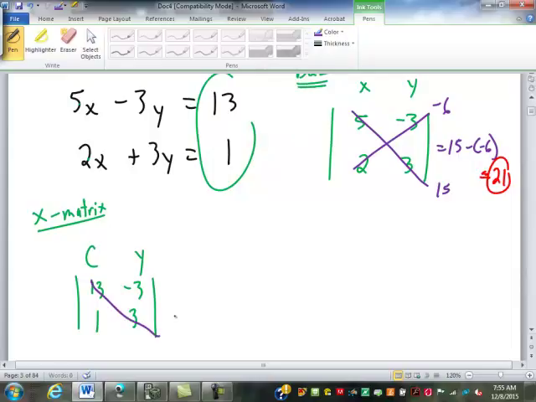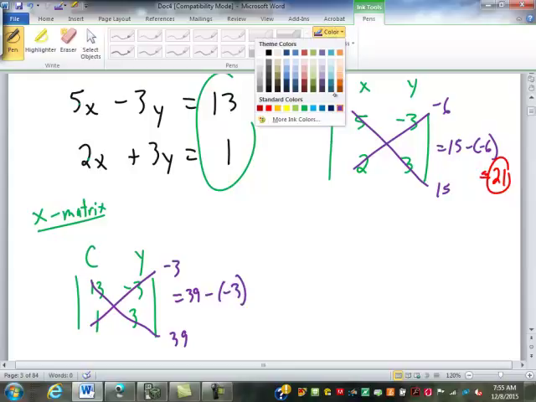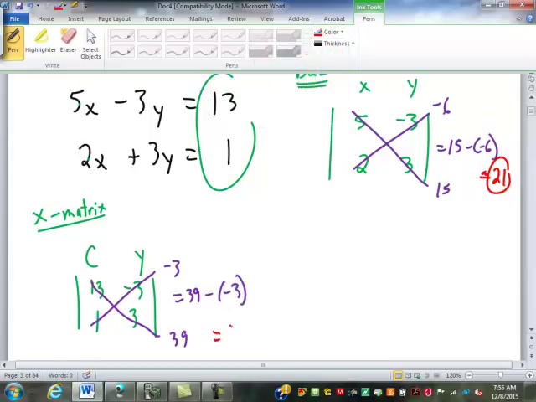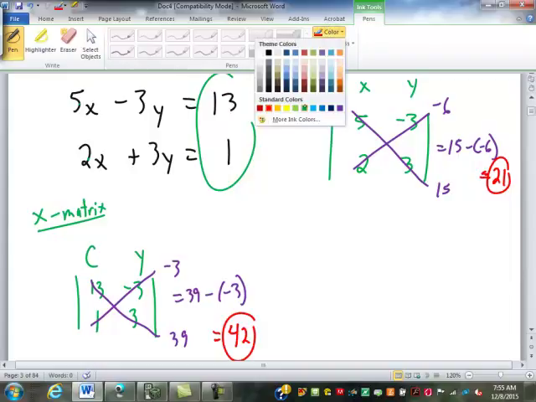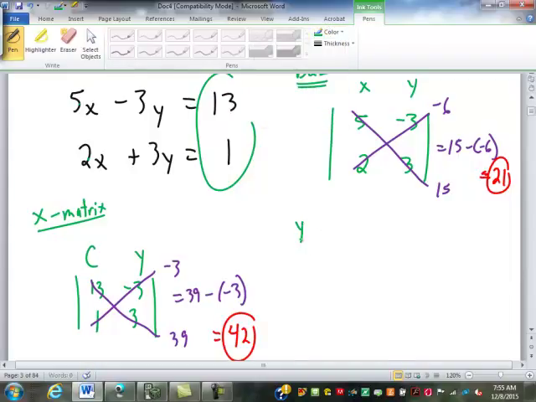So 13 times 3 is 39. 1 times negative 3, negative 3. 39 minus a negative 3 is 42. It's always x then y, so when the x gets replaced, the constants have to go first.